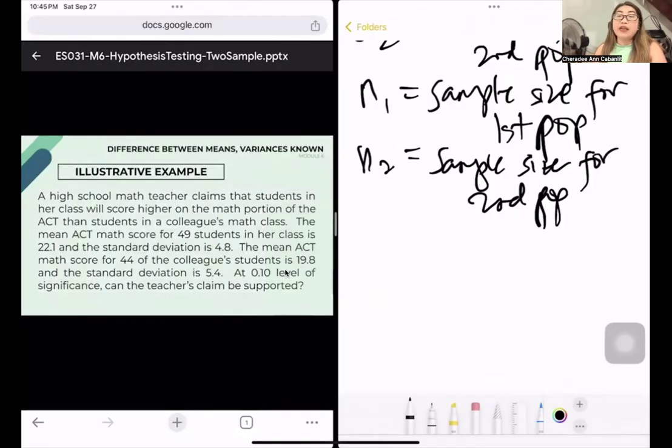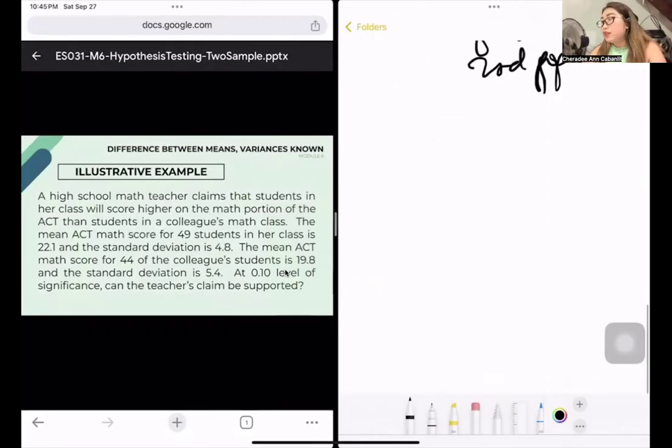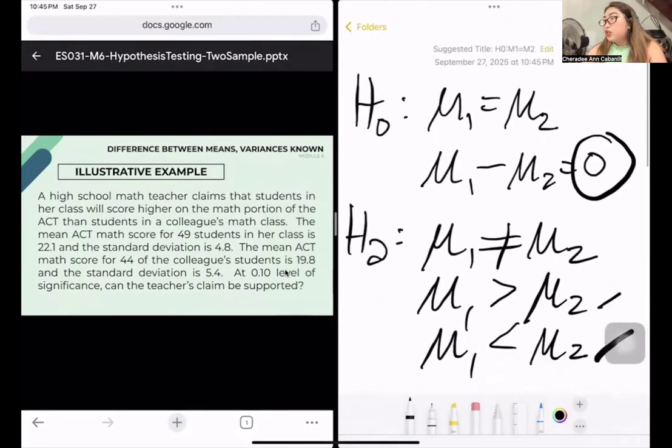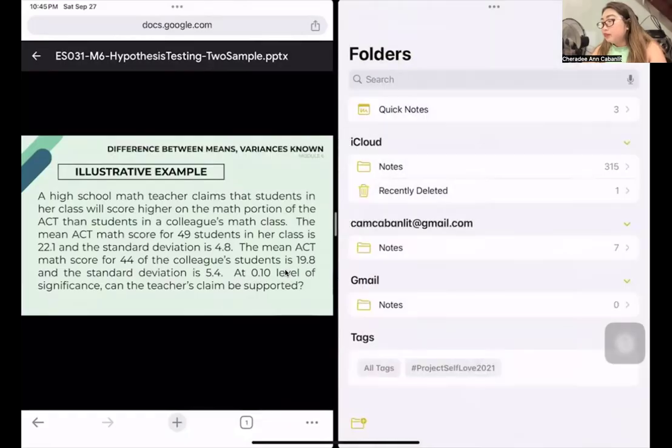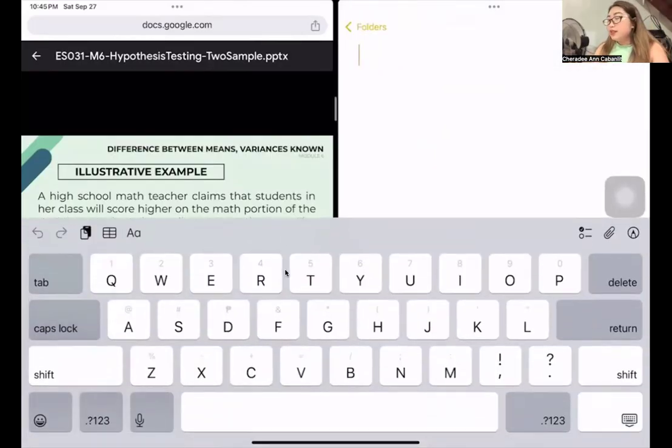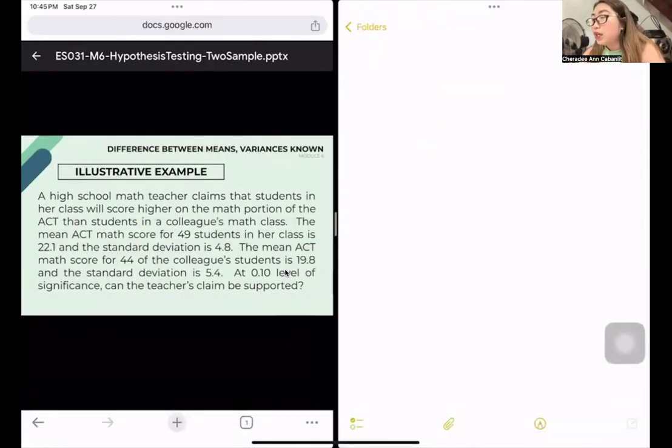So for example, you have this problem, and we follow the same process. Using the same process, we have our H0 first. In the statement, a high school math teacher claims that the students in her class score higher in the math portion of the ACT than students in a colleague's math class.